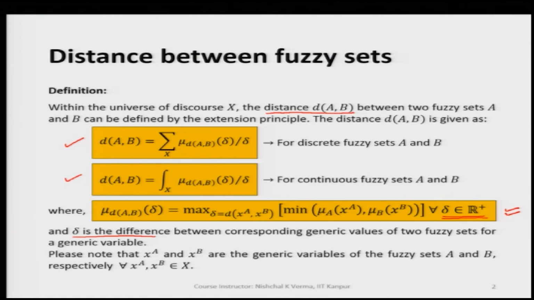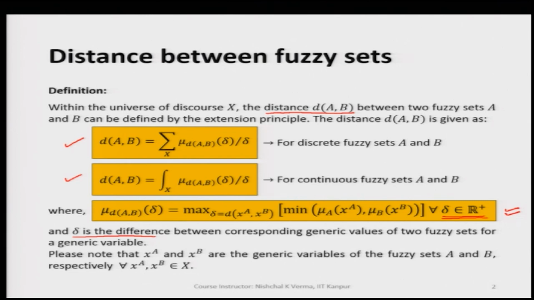Delta is the difference between the corresponding generic variables of the two fuzzy sets A and B. Please note that x_A and x_B are the generic variables of the fuzzy sets A and B respectively, for every x_A and x_B belonging to capital X, the universe of discourse.